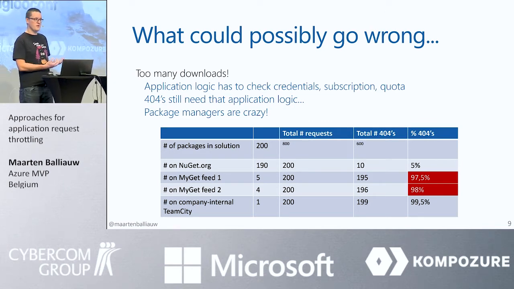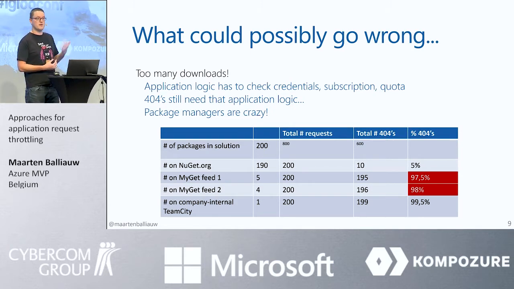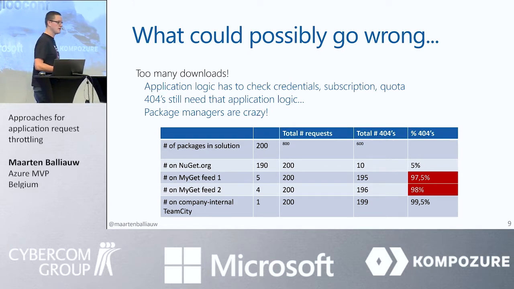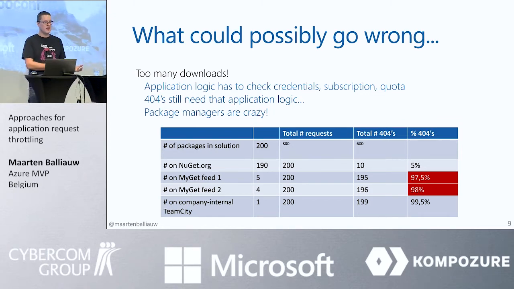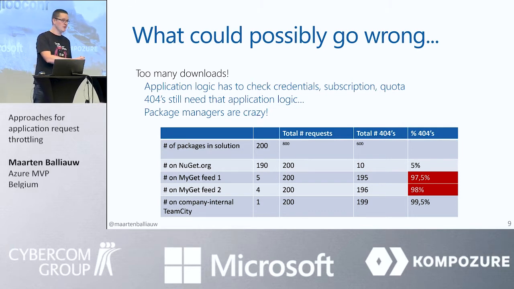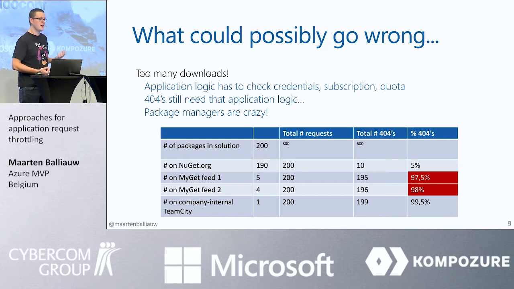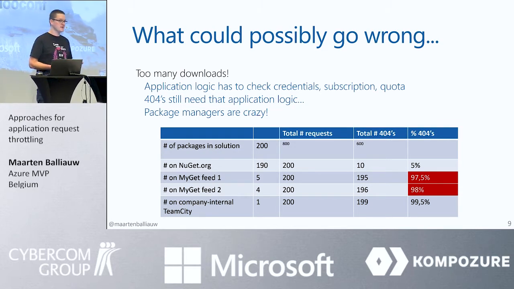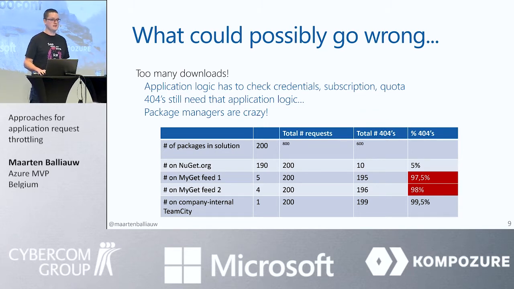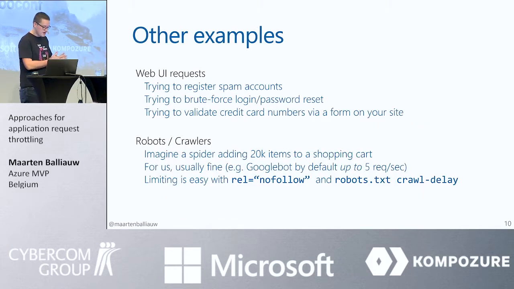Again, nothing to really worry about, but we have to run business logic on all those 404s because we have to check: can you access this feed? Do you still have an active subscription? All those things we have to check. Even if we do not serve you any content because the content is not there, we still have to run that business logic. So lots of downloads could be problematic for us theoretically, because they consume resources on the server. Some other examples.